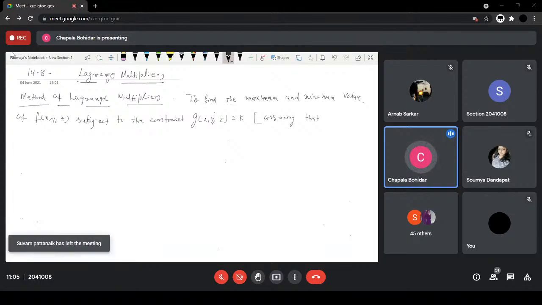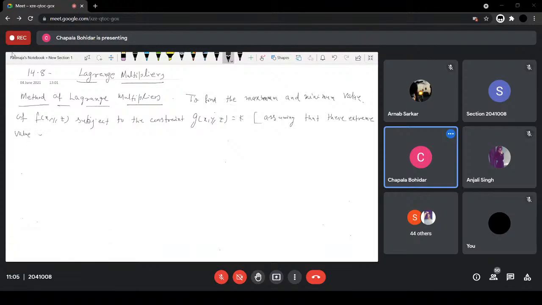This extreme value exists and grad of g is not equal to 0 on the surface, g of x, y, z is equal to k.